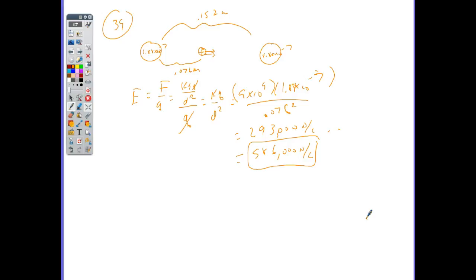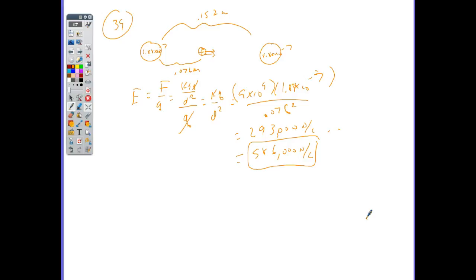The electric field is positive. That means it's pushing. Because I set this to be positive, this first one is positive, so it pushes to the right. The other one's negative, so it pulls to the right. Now, if you made this positive and this negative, it would be going to the left. You can't tell here, because it says two equal, opposite charges.